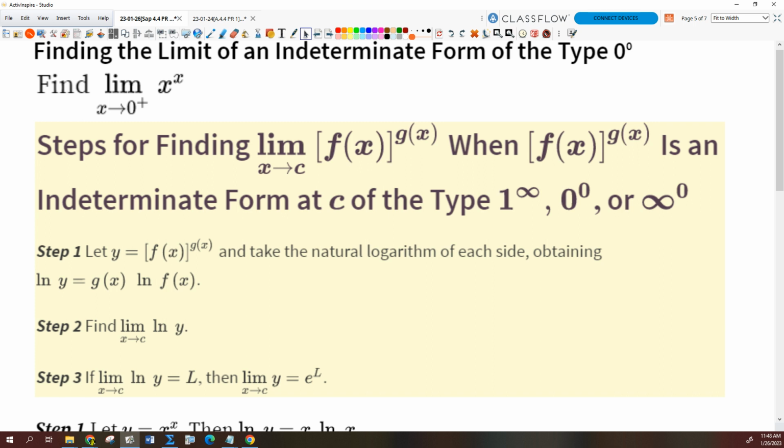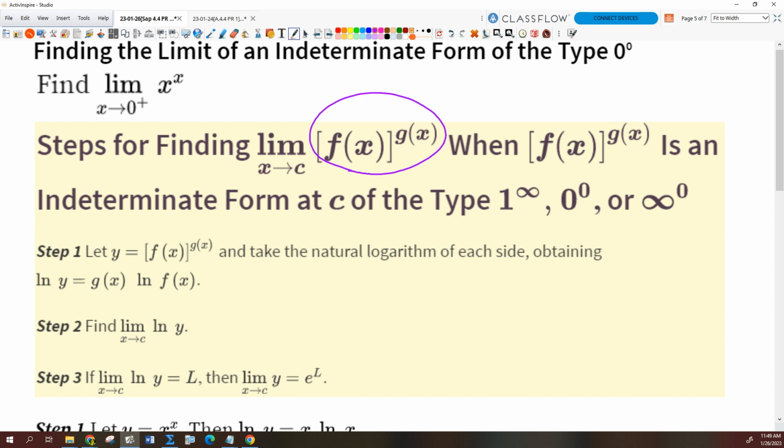But ultimately, they're all functions that look like that, function to a functional power. How did we simplify those when we were trying to differentiate stuff like that?